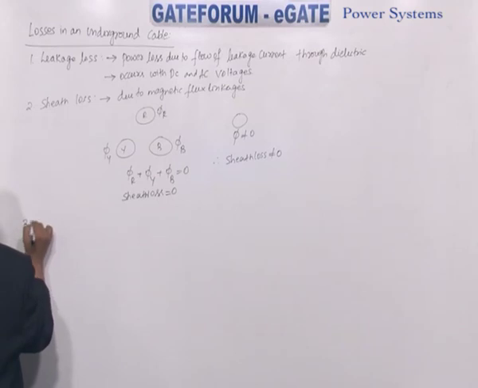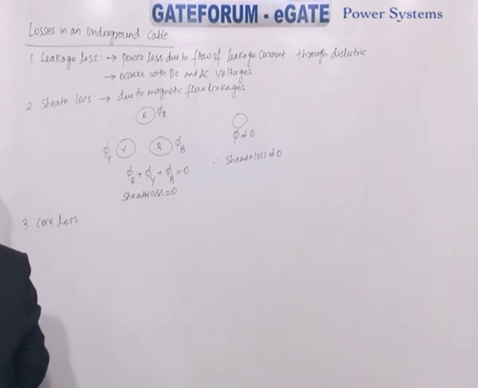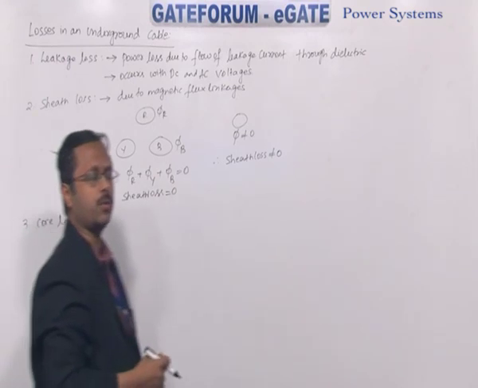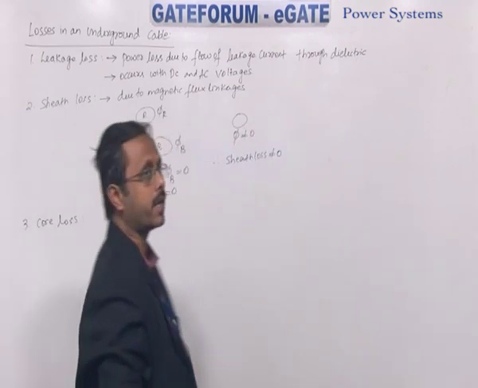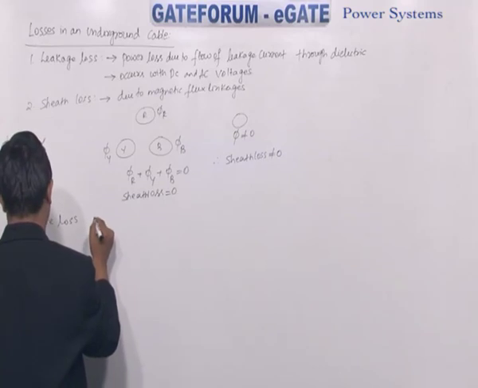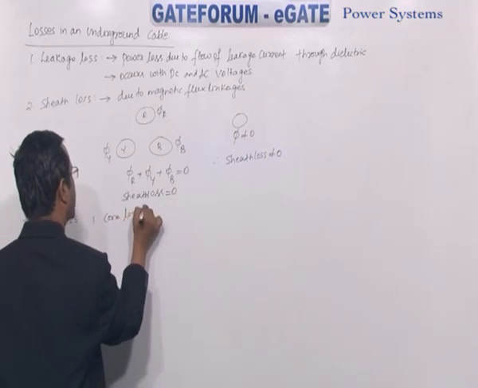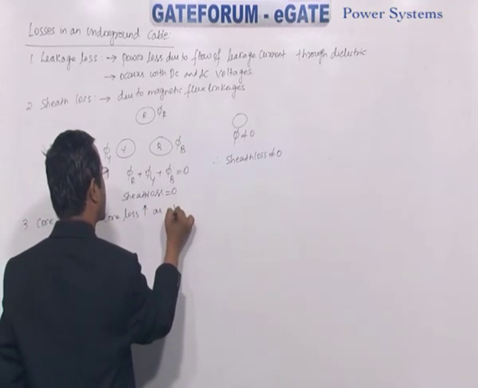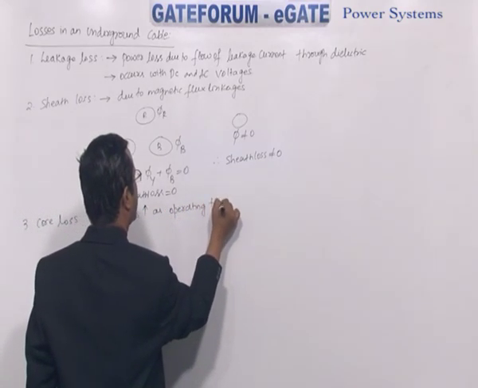Now the third one you come across is the core loss. The core loss is due to dissipation of heat during full load conditions. So you know that the core losses increase as the operating temperature increases.